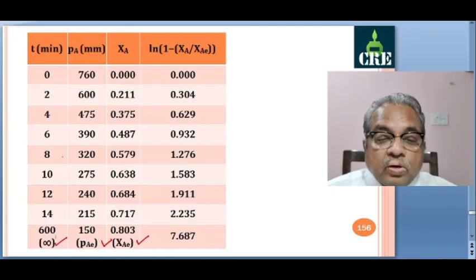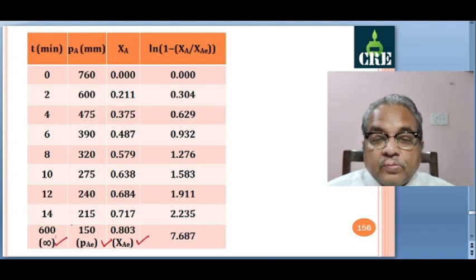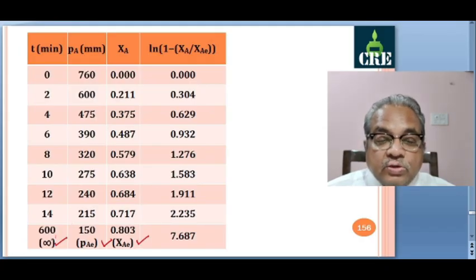Okay, so just for the purpose of calculation, I have taken this infinity as 600, some arbitrary value which is much higher than the last value. At time t equal to infinity, pressure PA is given as 150.